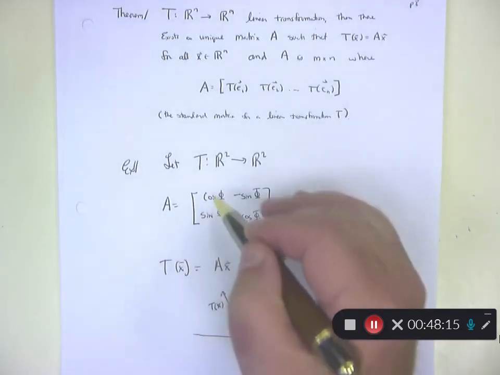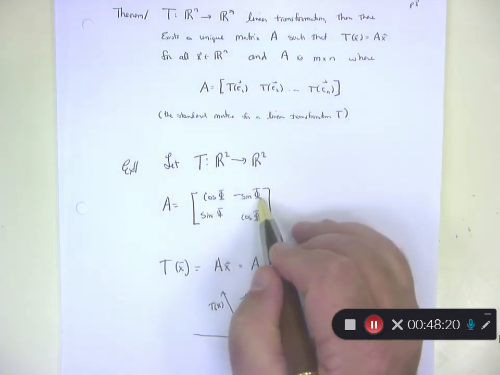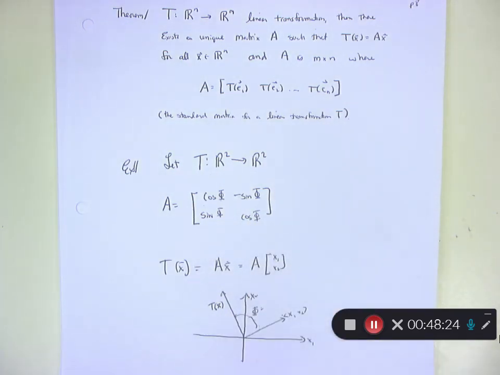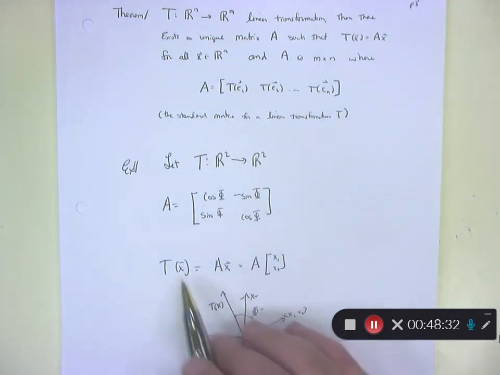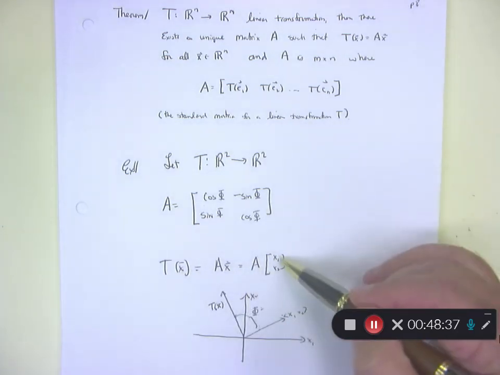Matrix A is going to be the cosine of phi, negative sine of phi, sine of phi, cosine of phi. And look what happens when I take that matrix. You pick phi. Phi is an angle, okay? T of x would be equal to A times x, which is A times, this is two-dimensional, x1, x2.